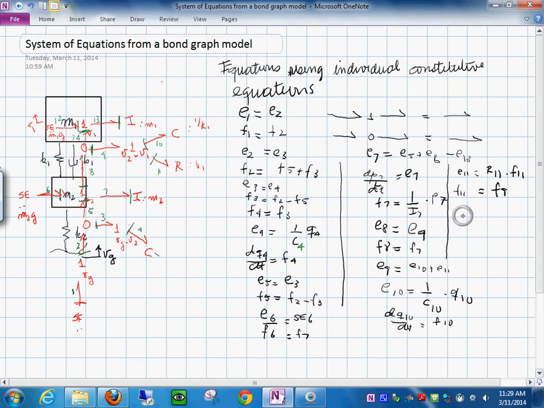Then we have F11, we have E sub 12. That is number 12. Or it's over here, SE12. And F sub 12 is F13. E13.